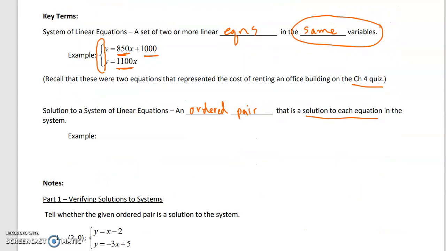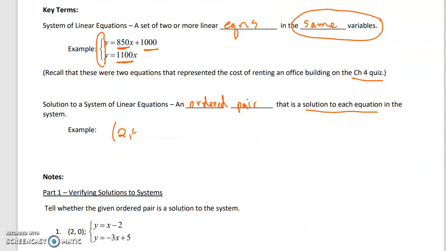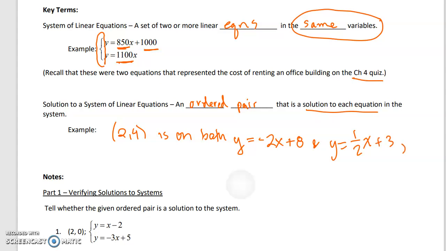The fact that (2, 4) is a solution, or is on the lines, is on both y equals negative 2x plus 8 and y equals 1/2 x plus 3. So it is a solution to that system.